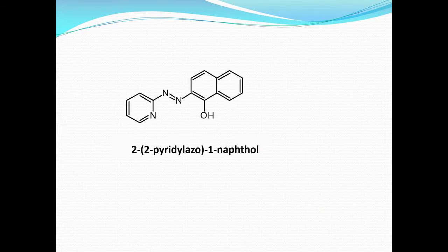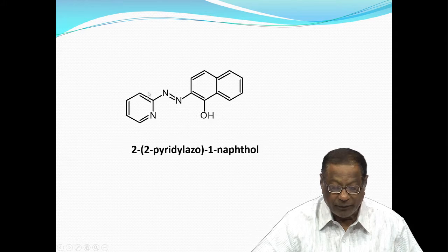So, if we look at it, this is the structure of the organic reagent. It has 3 aromatic rings fused together with an azo group, that is N=N, and then there is one OH group.